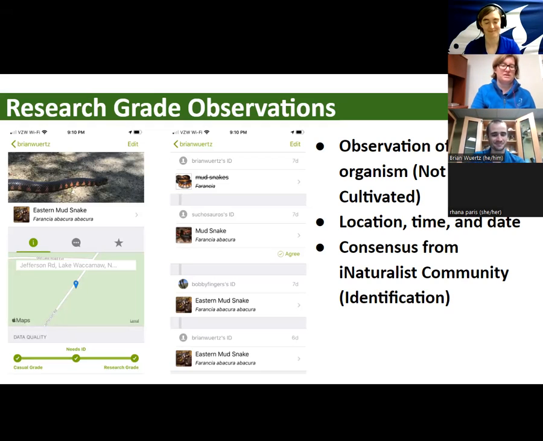Then somebody said mud snake, and then somebody else said eastern mud snake. Once two people agree on the genus and species of the snake, as well as the location, time and date, and it being a wild organism, it has to be a wild plant or animal. The location, time, and date have to be on there, and at least two people have to agree on that identification to make it research grade.